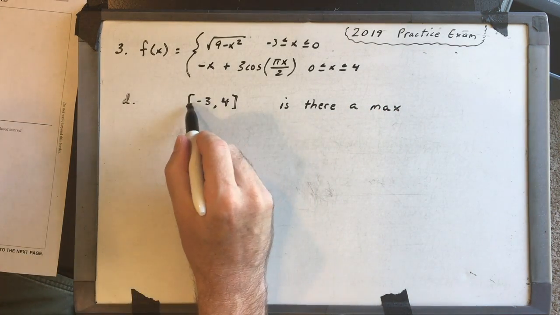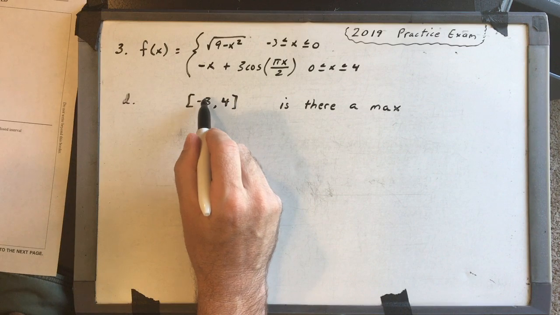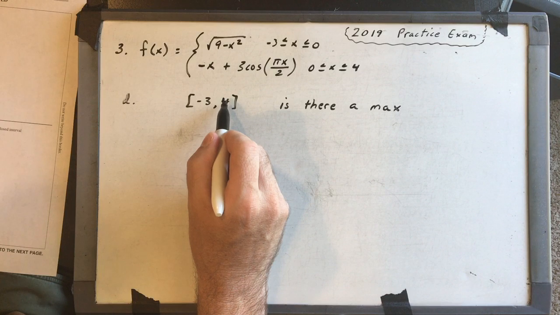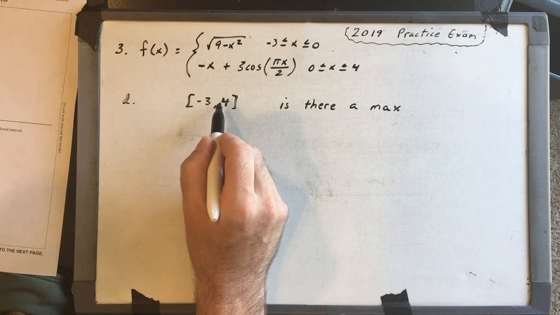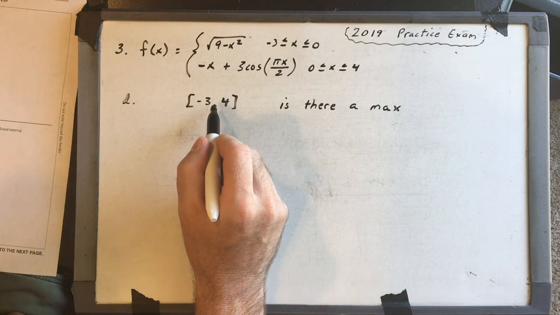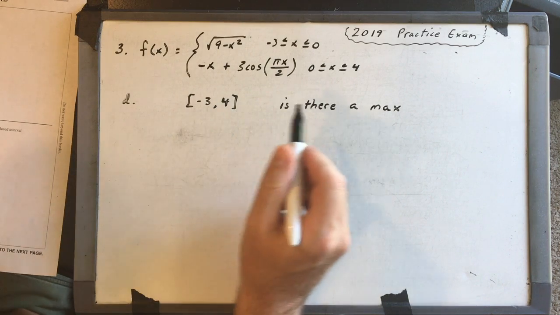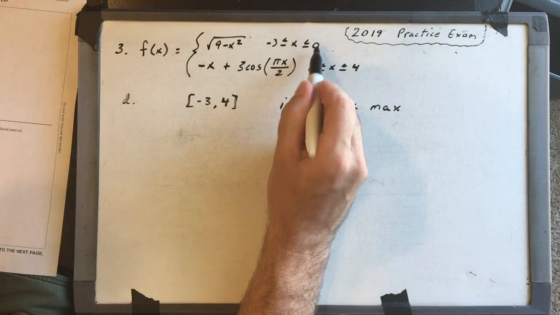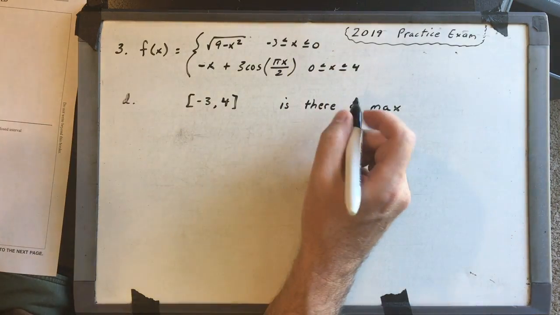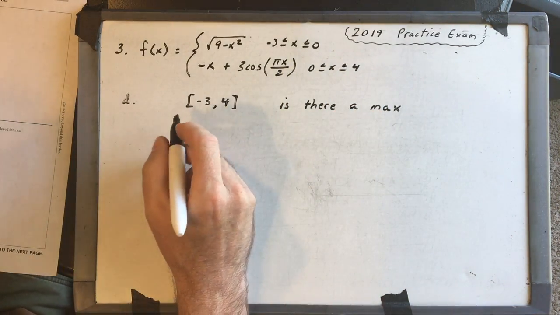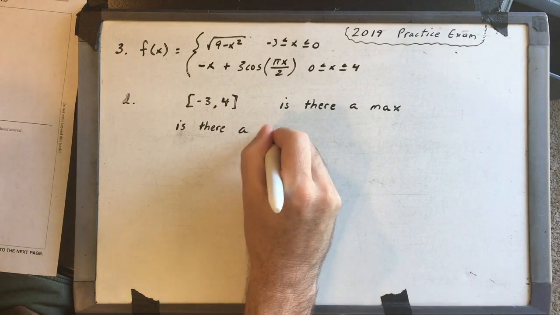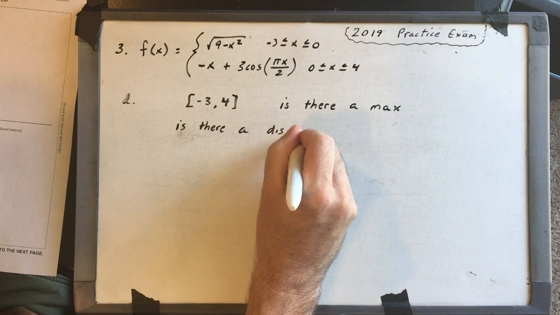Well, because it's closed, you can have a max potentially at -3 or 4. The point that would cause this function to not have a max is where there could be a break in the function, and that's at 0. We want to know, is there a discontinuity at 0?